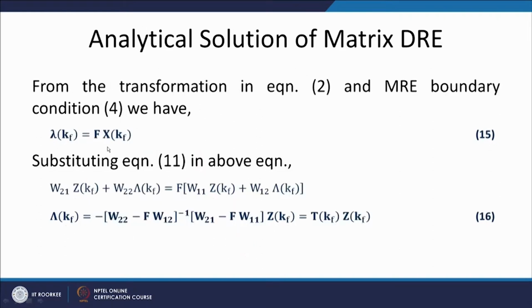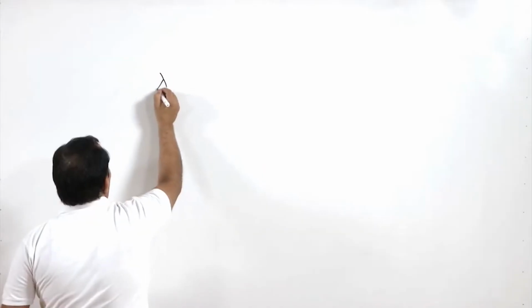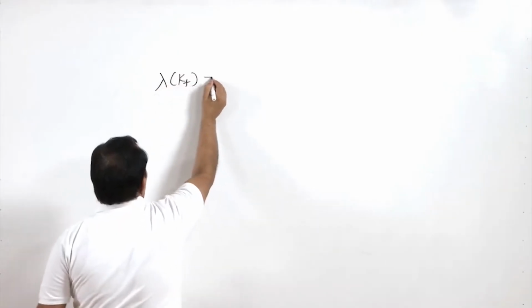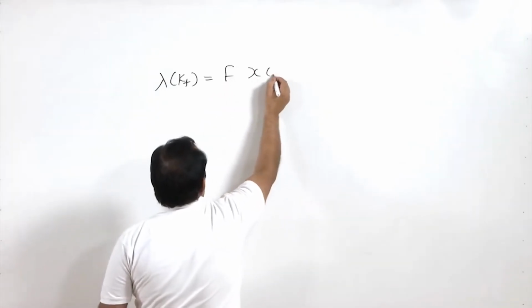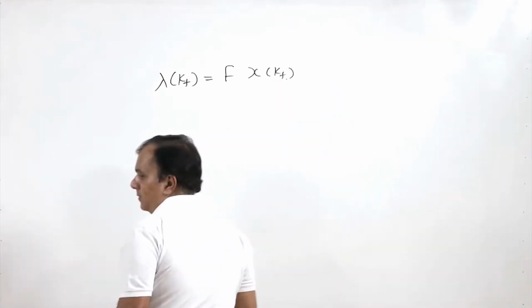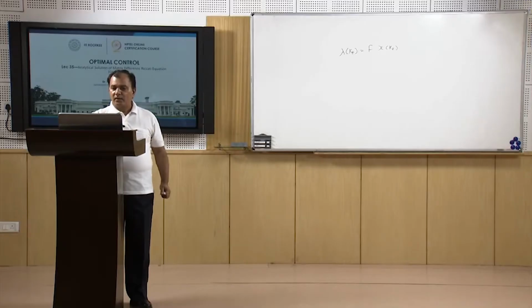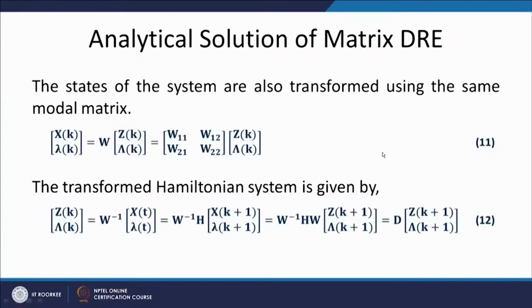Now we see my endpoint transformation, lambda of kf as f of x of kf. Now, from equation 11, if k is taken as the kf, I can write x(kf) and lambda(kf) in terms of W11, W12, W21, W22 and z(kf), del(kf).